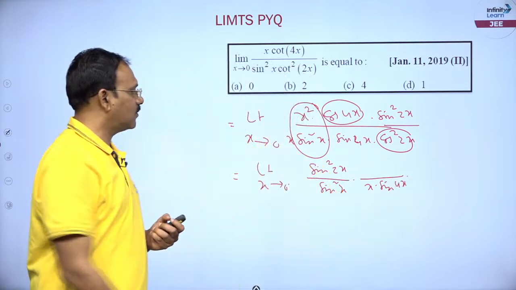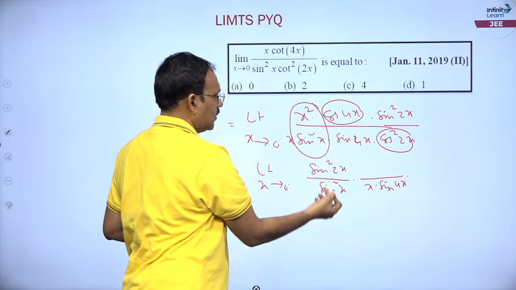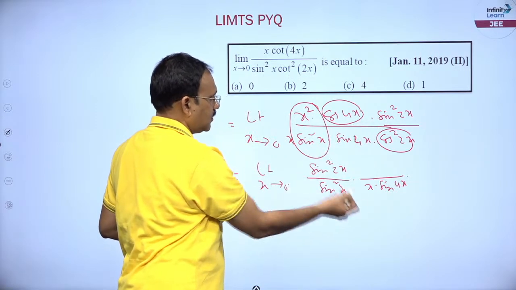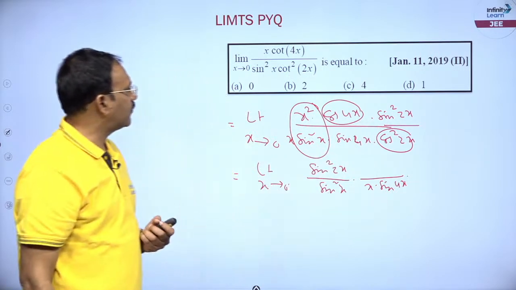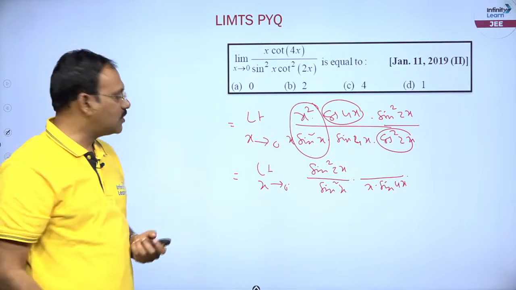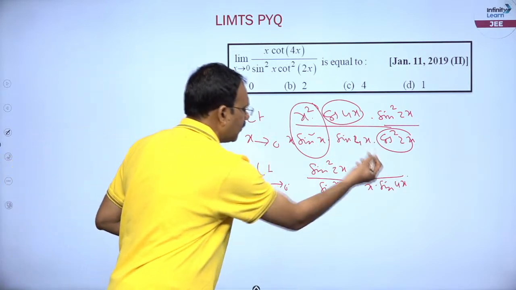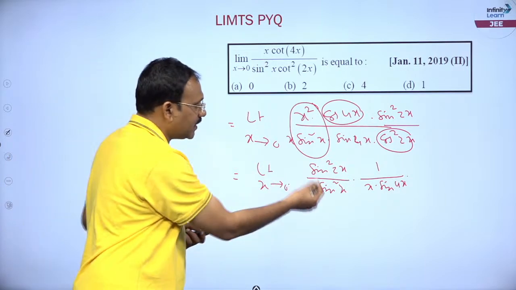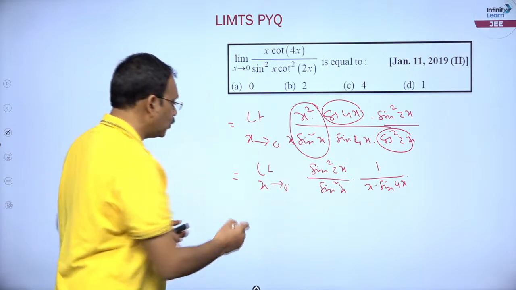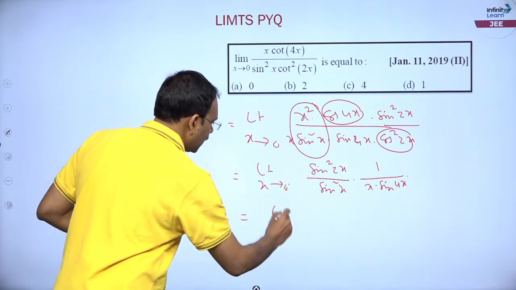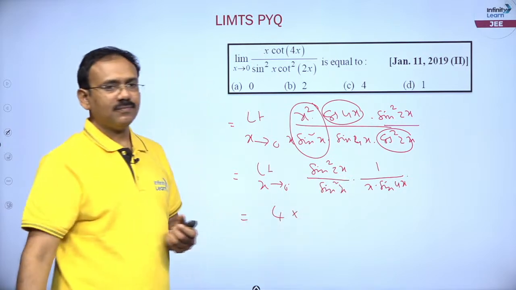Dear students, you see sine square 2x, sine square x, sine 4x you are left with, right. Now, you just try to complete this particular problem. Sine 2x by sine x will become 2, 2 square is 4, you can take this limit as 4.